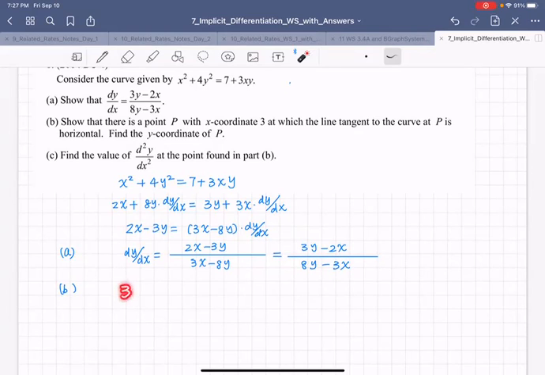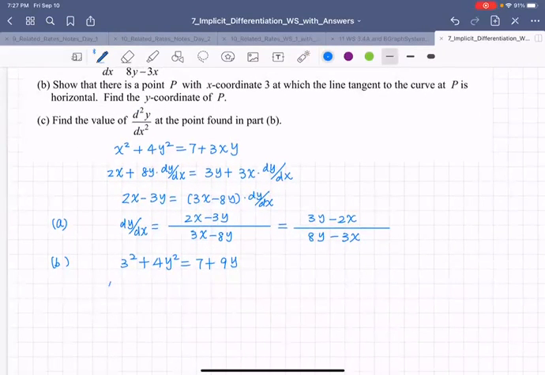Okay, 3 squared equals 3 squared plus 4y squared equals 7 plus what? 3 times 3y. 3 times 9y, right? Okay, so 4y squared minus 9y plus 2, right?